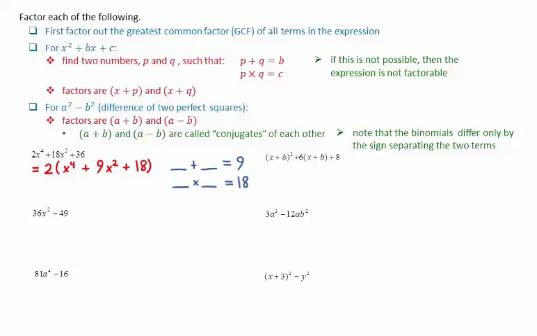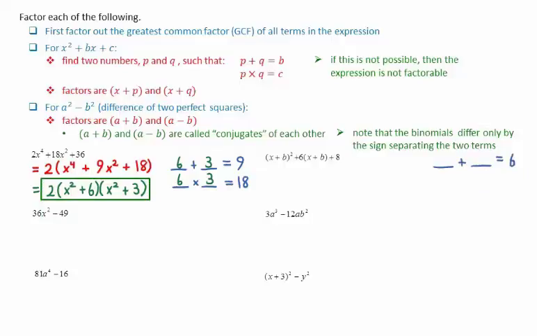These numbers are 6 and 3. We can then say that our factors are x squared plus 6 and x squared plus 3, giving a total factored form of 2 times x squared plus 6 times x squared plus 3.